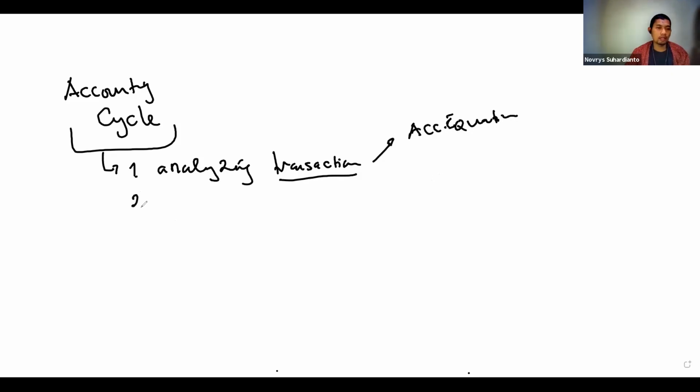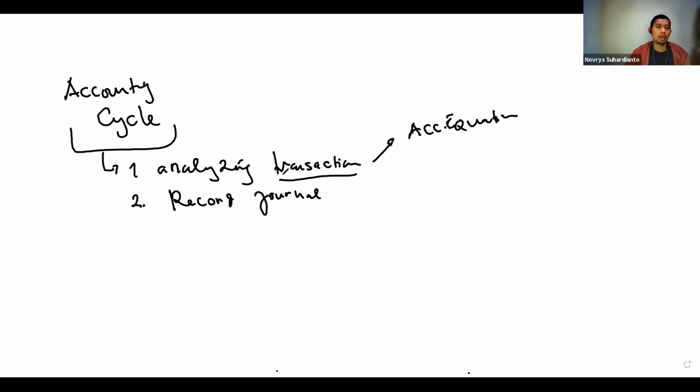And then next, you learned how to record that transaction in a journal entry. So you know how to make a journal. Making a journal means we document a transaction. We record that transaction.